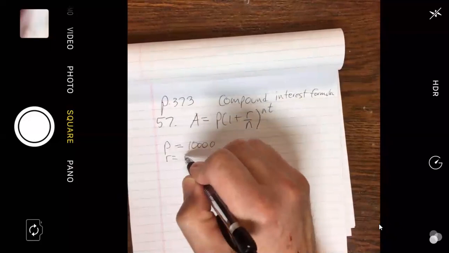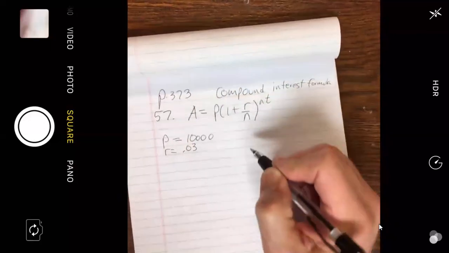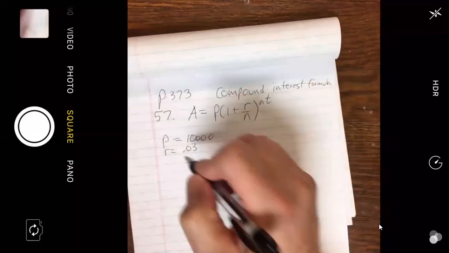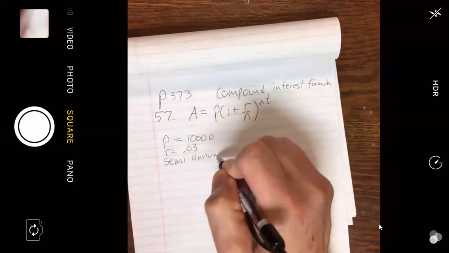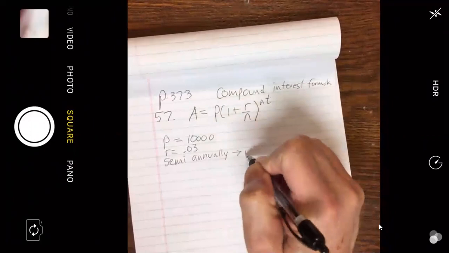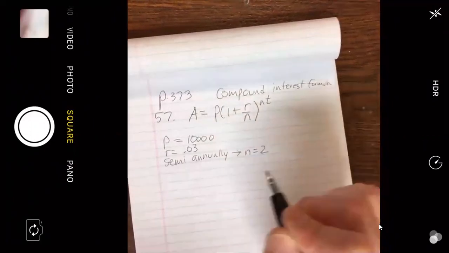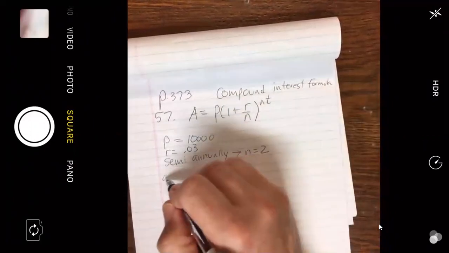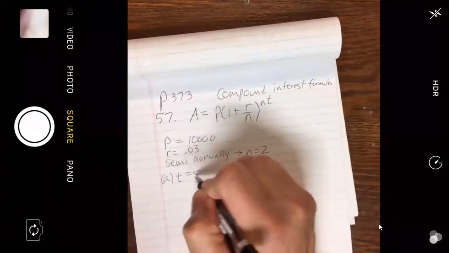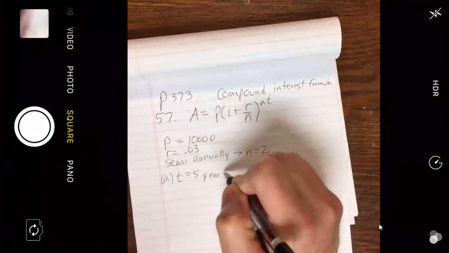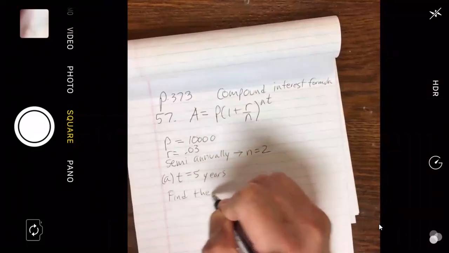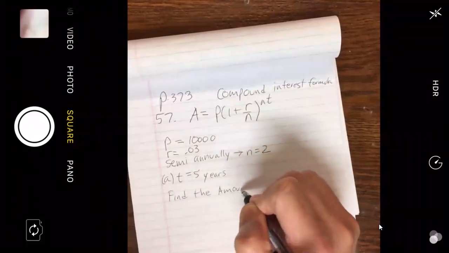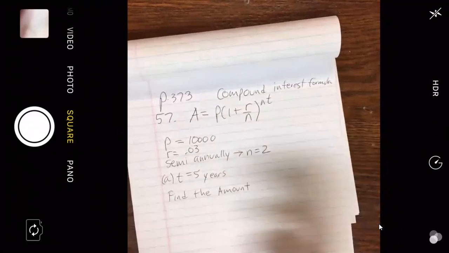Interest rate 3%, we'll convert it to decimal, 0.03. Semi-annually is n equals 2, twice a year, and part A, t is 5 years. Find the amount. It's pretty straightforward as long as you know where all the numbers go.